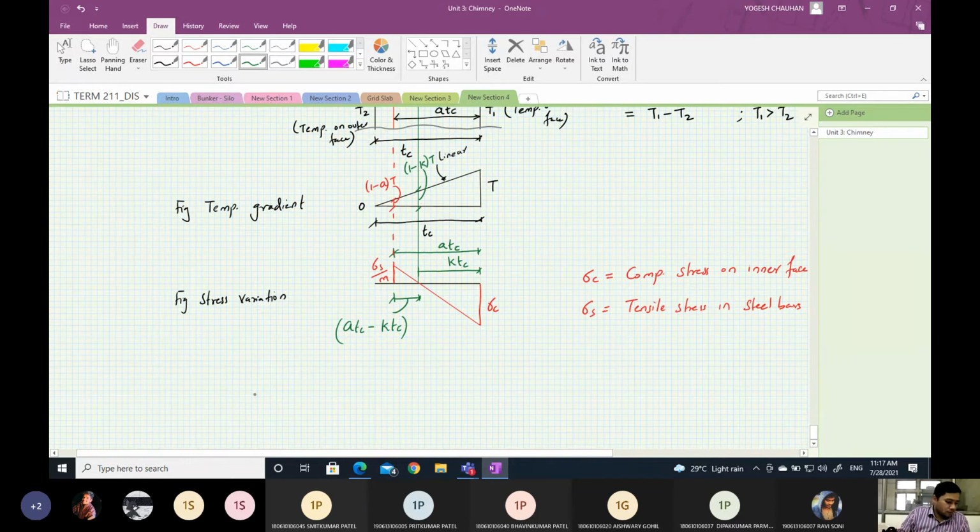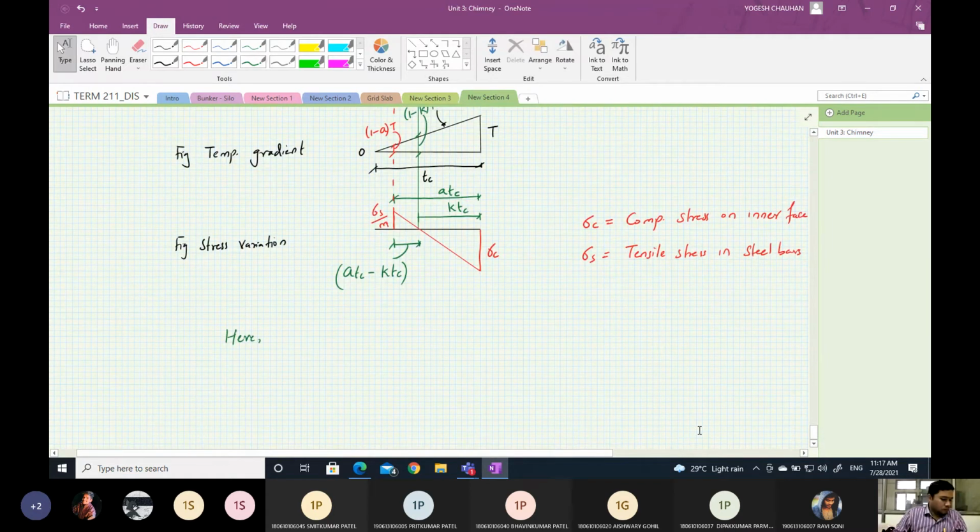So here TC is the thickness of the concrete shell.